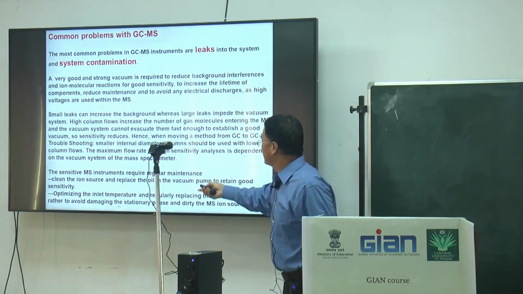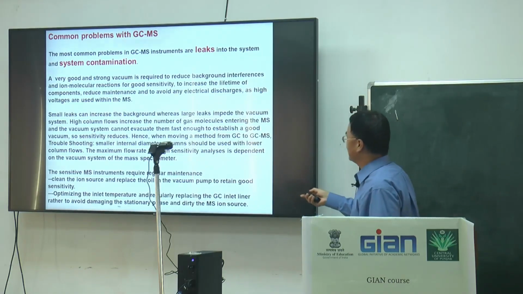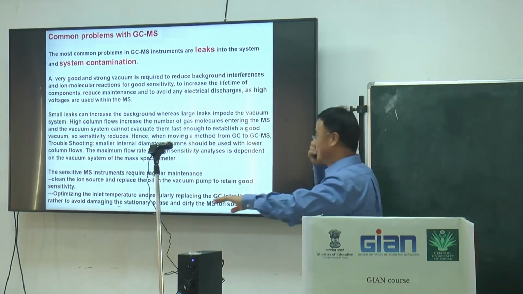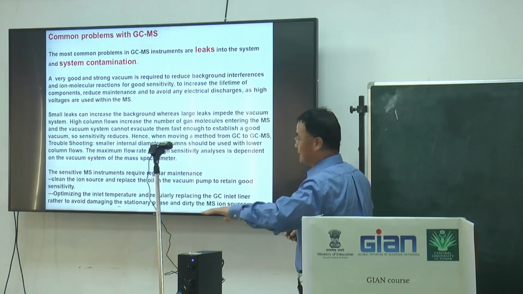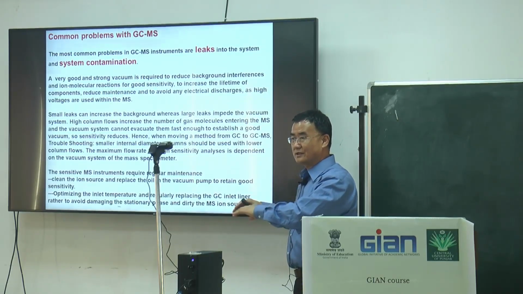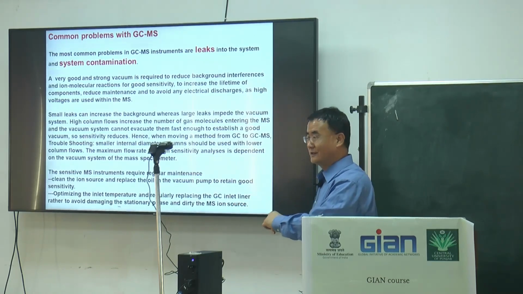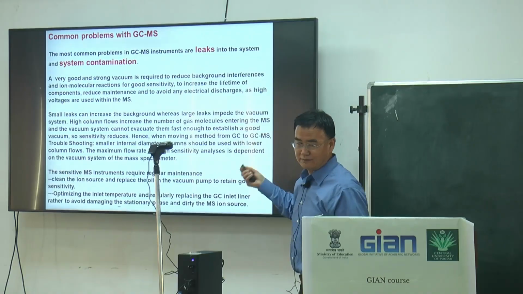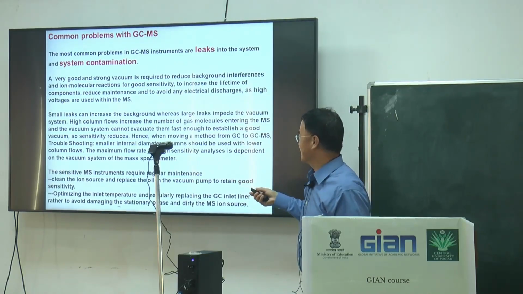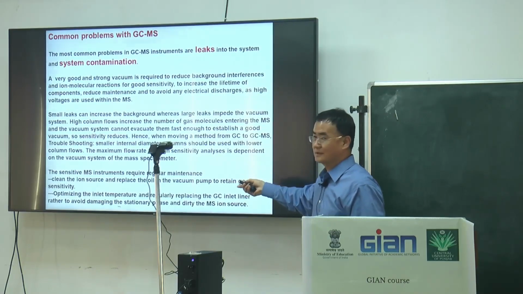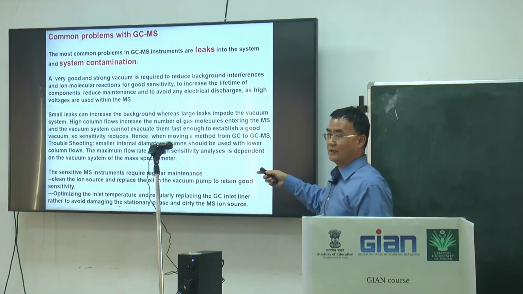The maximum flow rate for high sensitivity usually has a negative correlation: if the flow rate is too high, we will reduce the sensitivity just because of the crowding. It depends on the vacuum system. Also, the vacuum system is very important for GC and mass spectrometers, as for liquid methods.